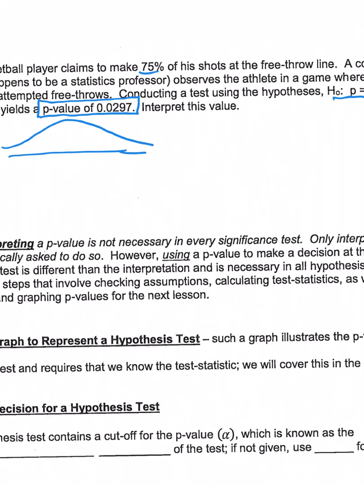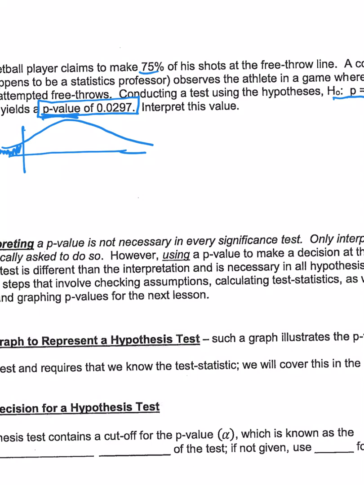Less than. This p is different than this p. P-value is not p. This p is sort of like p hat, though you never put a hat on these. They're always the true statistic. So we're looking at the probability. What I need you to look at is the less than for the shading on this guy. If we're talking about less than, we're talking about down here somewhere, aren't we?